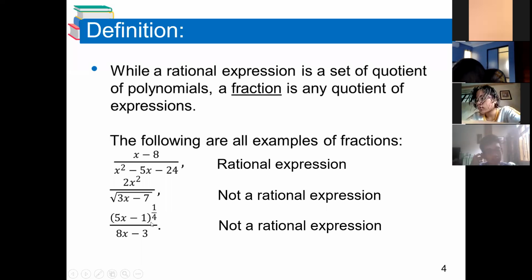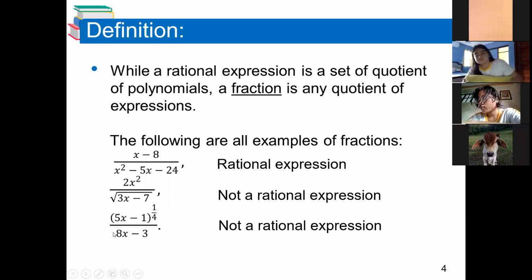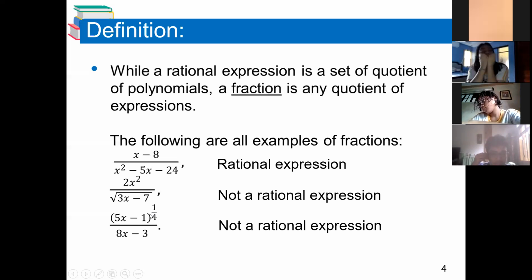When this is expressed further in higher mathematics, this will become the fourth root of 5x minus 1, which means the end result of the third example is not a rational expression, because this is a radical expression if we express 1/4 in symbol notation. Get it? So please see the difference.